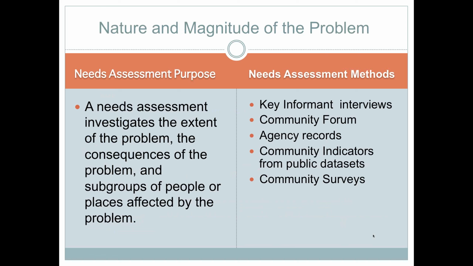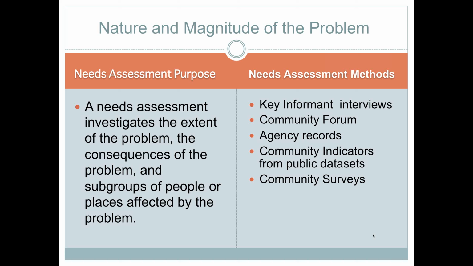When we're looking at how big is the problem, which is the way to start off before we develop a program and before we design anything about how to act in order to meet a particular public health challenge, we need to know how big the problem is, and we need to measure how big that problem is over time once the program is implemented to see whether the magnitude of the problem is decreasing over time.